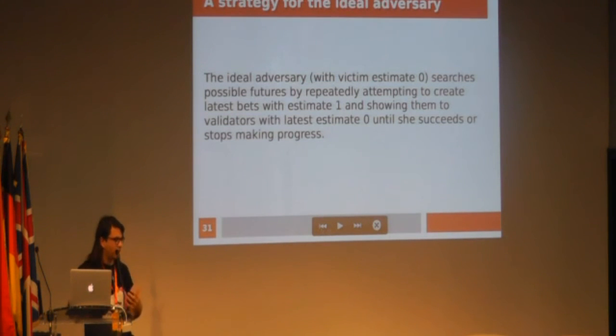That's what we would like to do. It makes sense. The idea is the worst thing that should be able to happen for a particular estimate is for only the competing estimate to possibly be created and propagated.